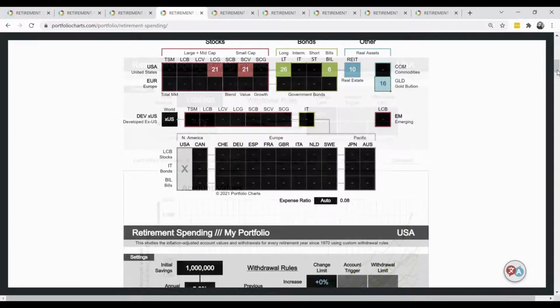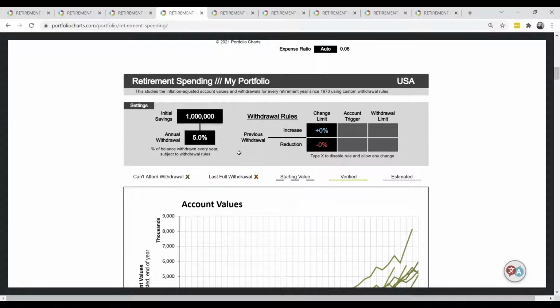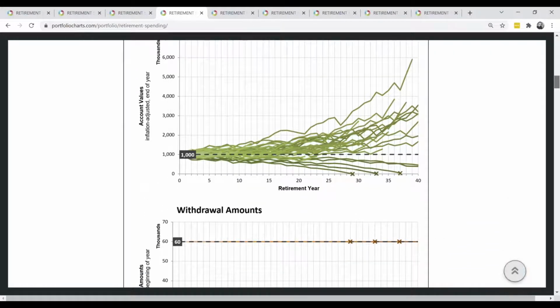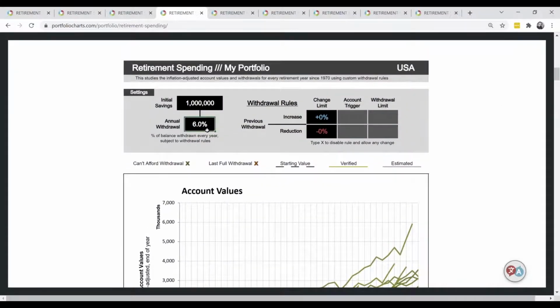Try this again here. We've got this golden ratio portfolio again and the 5%. And if we change that to 6%, just to see how that would affect it, it actually has 3 failures at that rate. We change it to 4%.